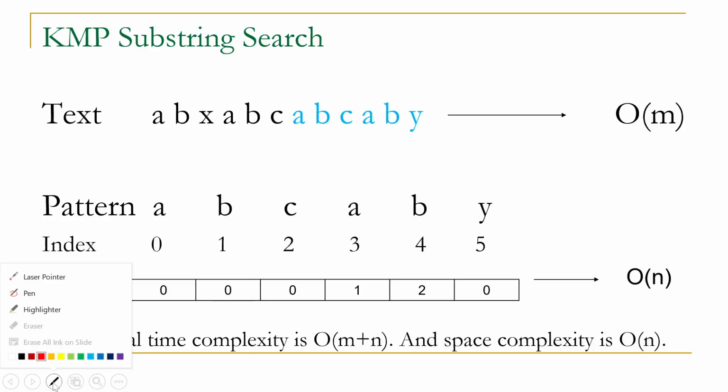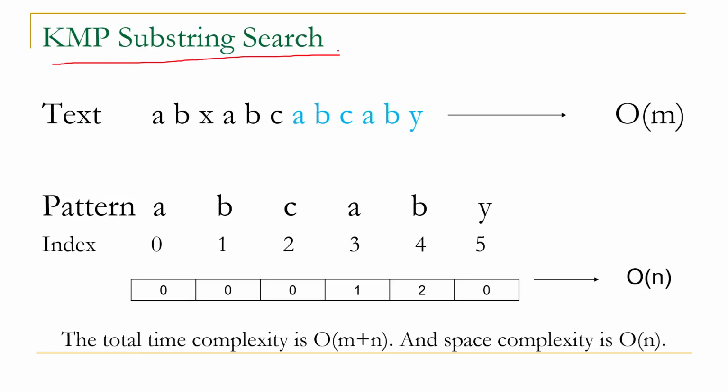Then finally we came to our main algorithm, KMP substring search. Here is text and pattern, and we already created the pattern index array, where we can make this array by complexity of order of n.